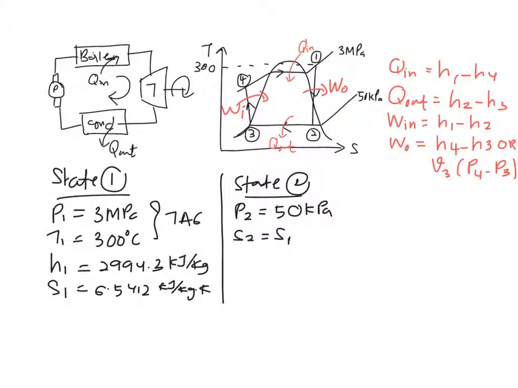Given the pressure and this entropy value, and because in an ideal simple Rankine cycle the outlet of your turbine must be in the mixture region, this state 2 value you are going to read from table A5. So you will need to find your H2.